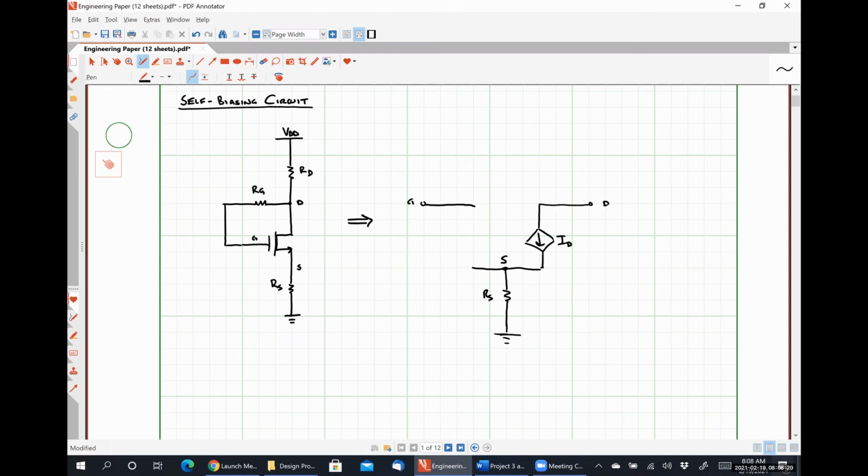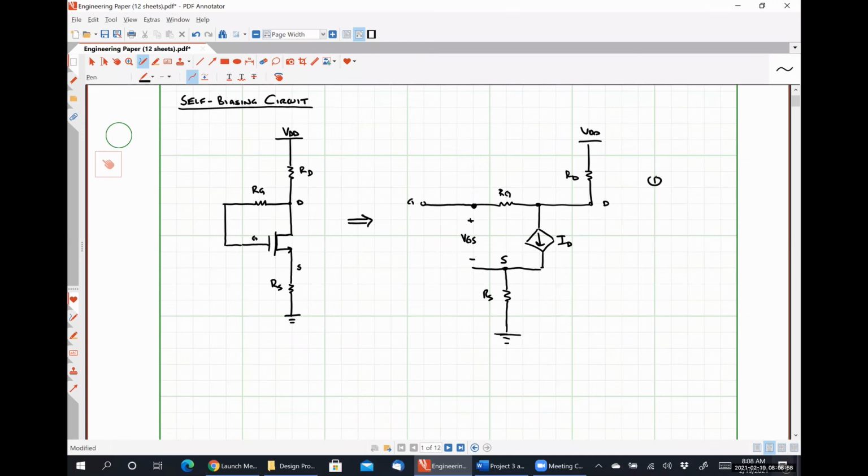Here's my drain terminal. Between my gate and my drain, I should have a resistance RG. And between my drain and my power supply, I have my resistance RD. And this is my voltage VS.